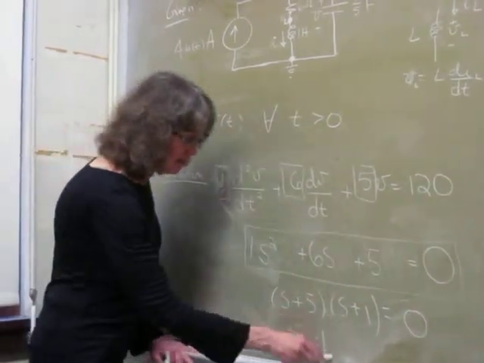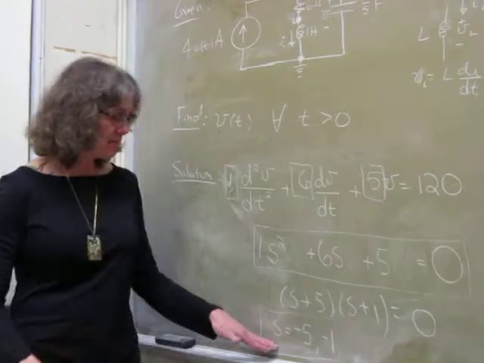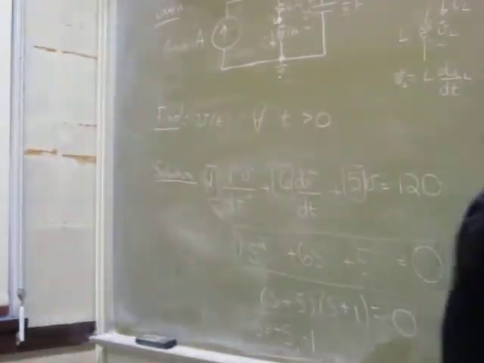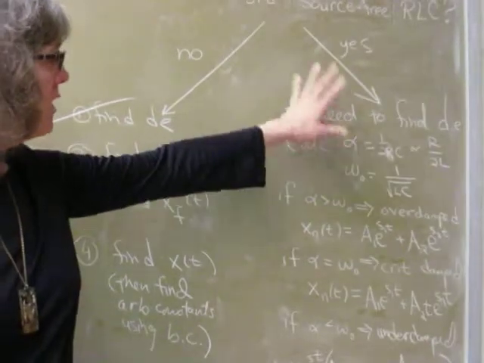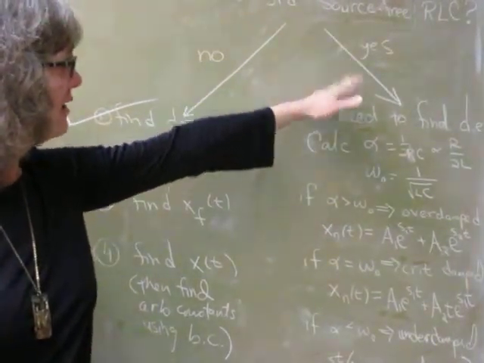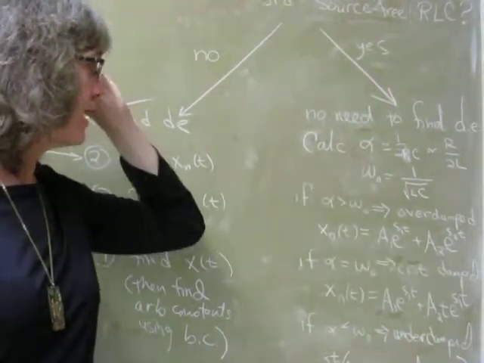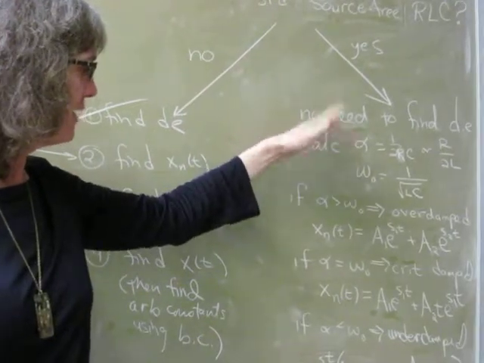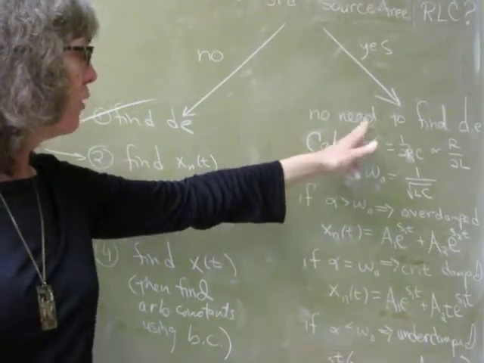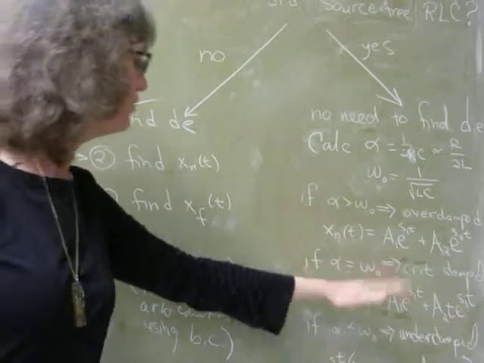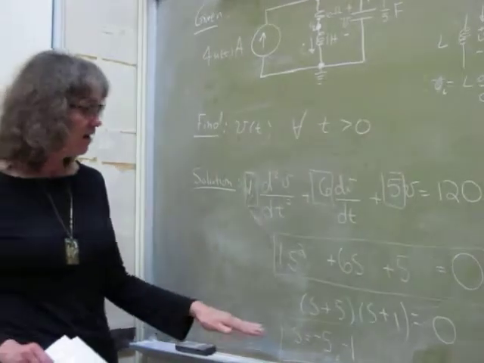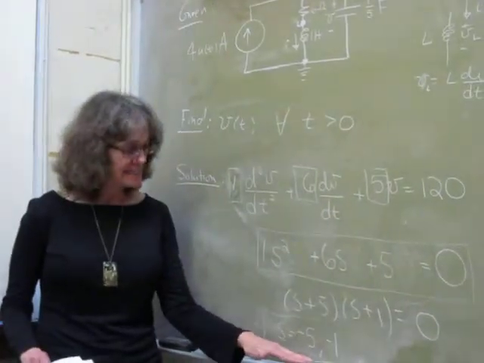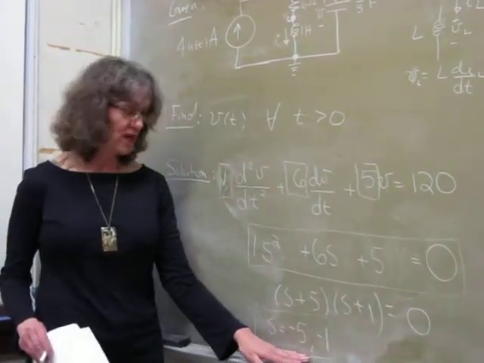So this is kind of the same idea as here, where we're going to have 3 cases. If we have the standard RLC circuit, we calculate alpha and omega, and we determine which case we have for the natural solution based on whether alpha is bigger than omega or equal to or less than. Here, when you get the roots, the 3 cases are dependent on whether you get distinct roots, which I have here.